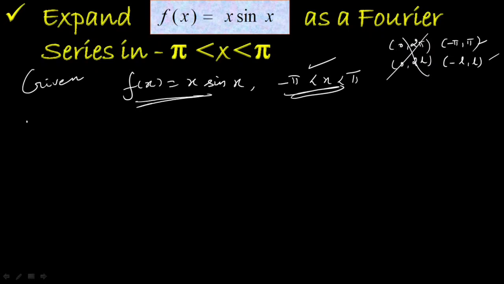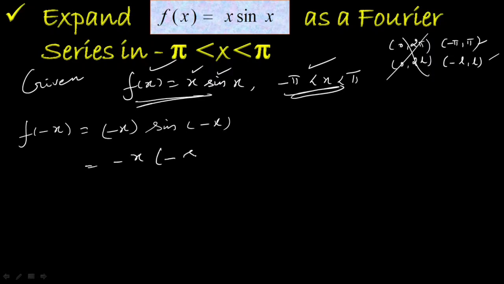Further, what we do as usual, you have to replace x by minus x in the given function. If you replace x by minus x, what happens? Minus x, and sin of minus x is, as I told you already, minus sin x. Minus and minus becomes plus, so you have x sin x, that is your f of x.